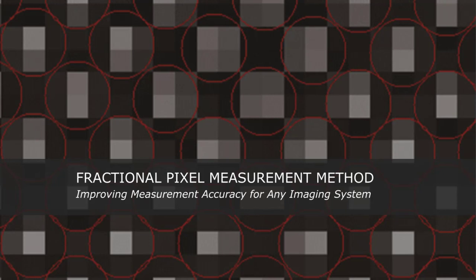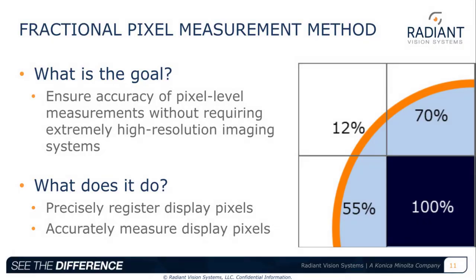So the new technology that Radiant has developed, we call the fractional pixel measurement method, and this allows us to get accurate and repeatable measurements even though we do not have a very large amount of imaging measurement sensor pixels compared to display pixels. The purpose of the fractional pixel method is to enable precise pixel registration and more accurate pixel level measurement over previous methods, regardless of imaging system resolution.